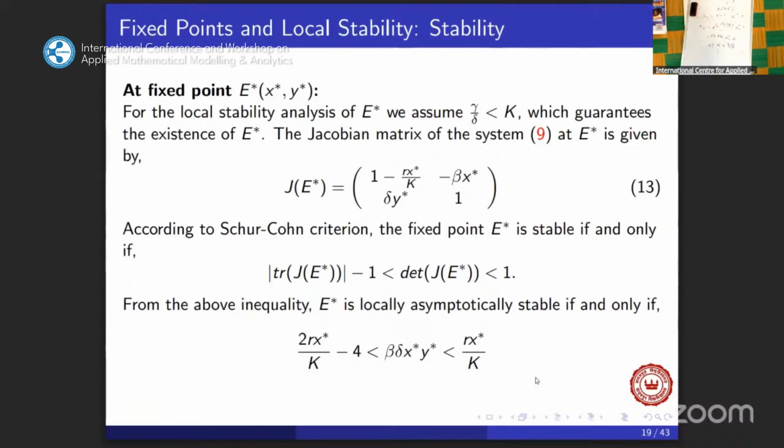From the above inequality, putting in this value, we get the following inequality: 2r minus r x star by K minus 4 less than this value, then the system is stable. In the continuous model you can also get the same result, but there x star is less than K, and then the system is stable; otherwise it is unstable. Go to the next slide.